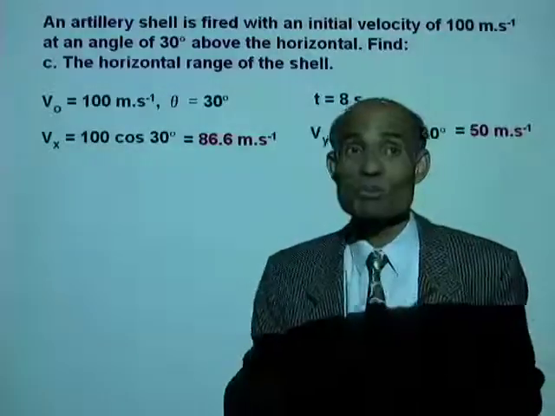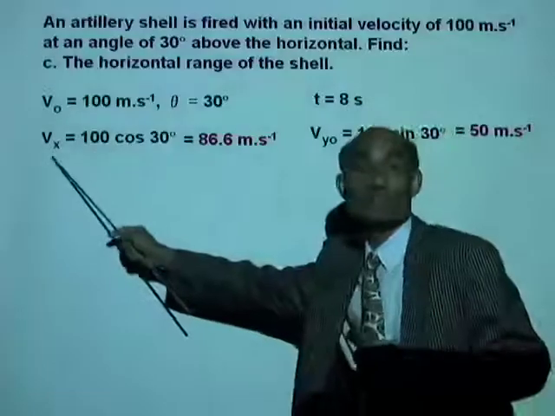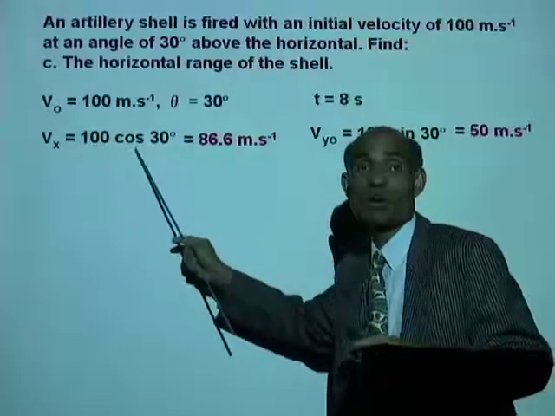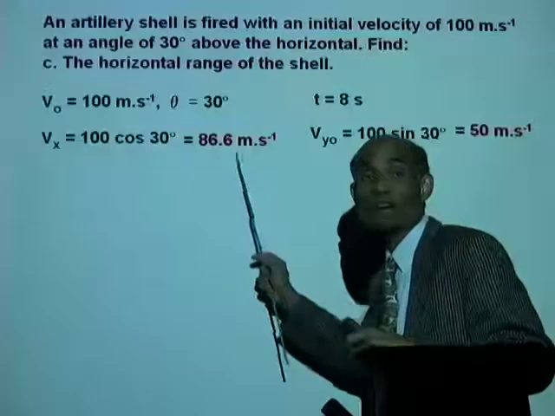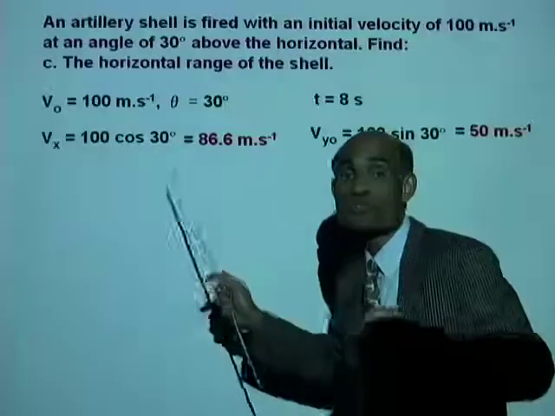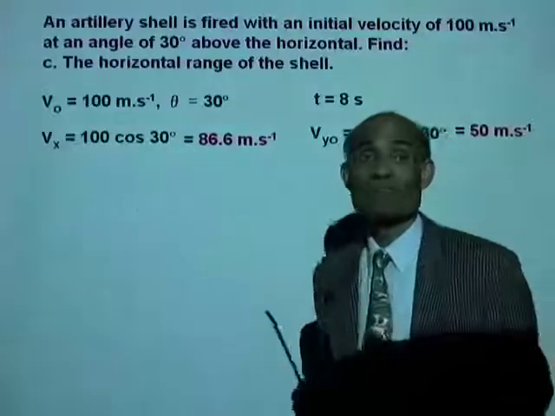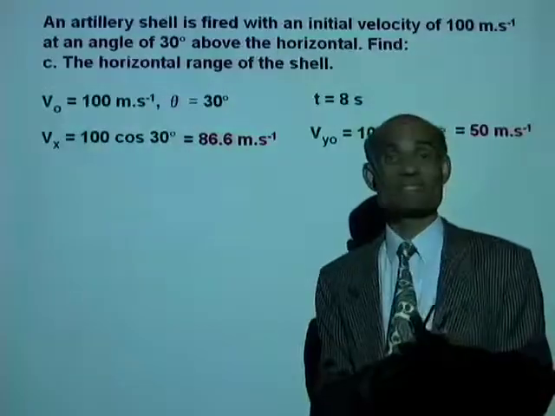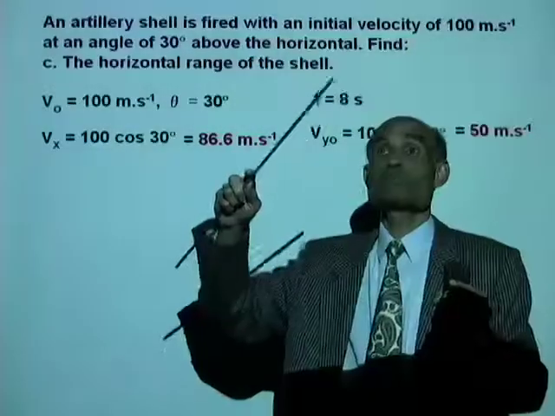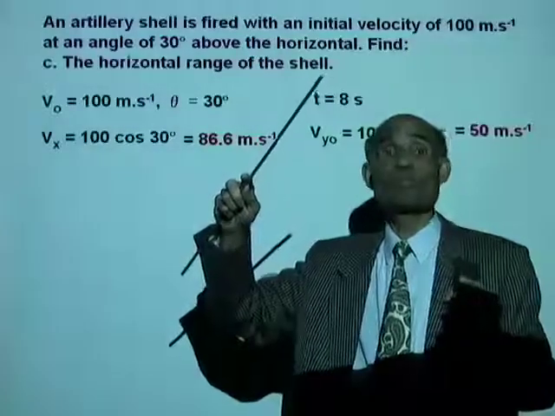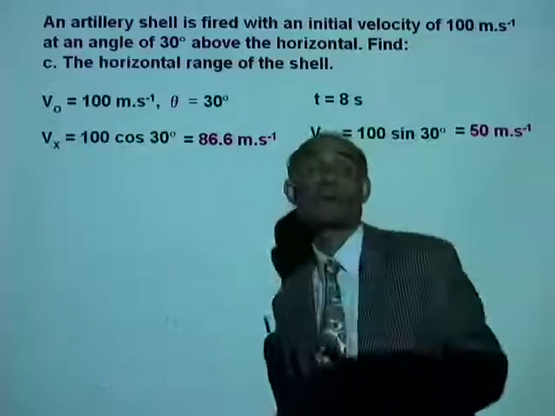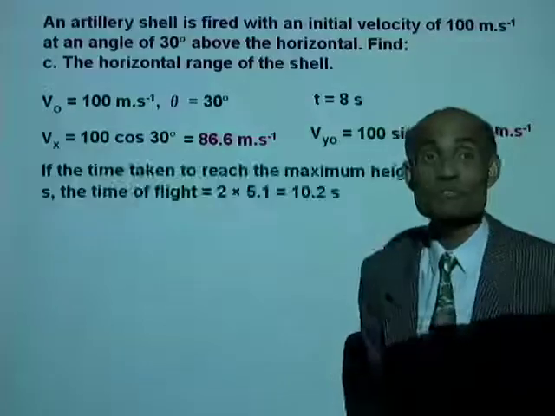And what is the horizontal velocity? This is the horizontal velocity, Vx equals 100 cos 30 degrees, and you know its value. If you multiply this with the time of flight, what is the time of flight? Well, if the time taken to reach the maximum height is 5.1 seconds, then the time of flight is double that time, which is 10.2 seconds.